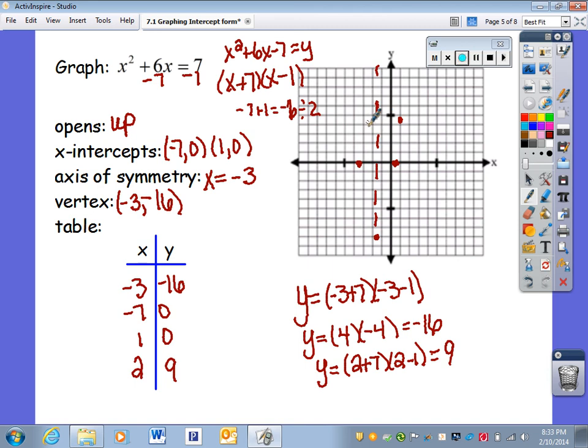So we have half, 1, 2 boxes. So that's going to be at the point -8, +9. And then we will draw in our parabola, making sure to put arrows on both ends so that we show that it continues infinitely. Let's take a look at another example.